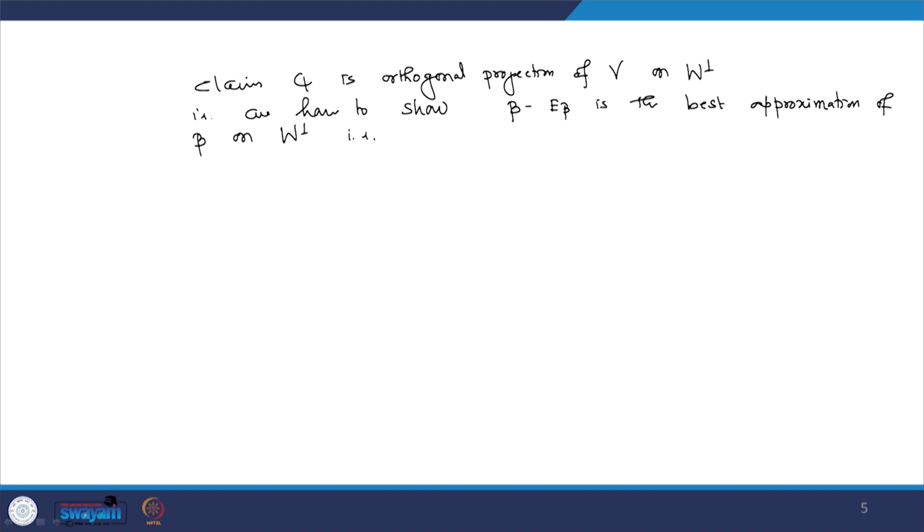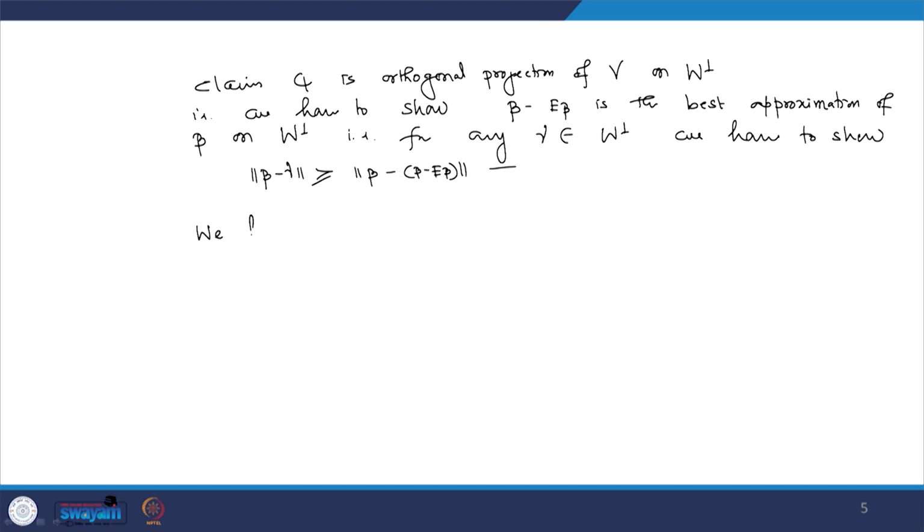That is, for any gamma belonging to W complement, I have to show that norm of beta minus gamma is greater than or equal to norm of beta minus E beta. We have to prove this.